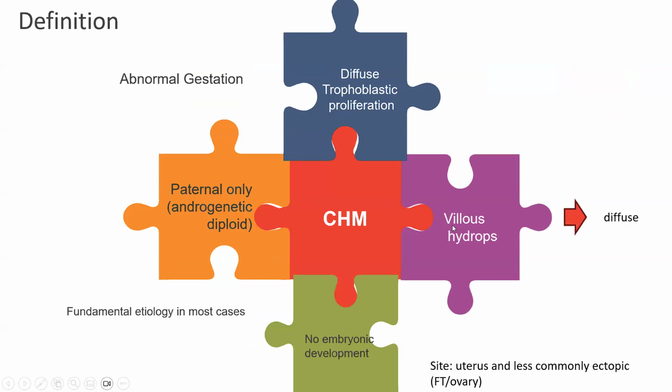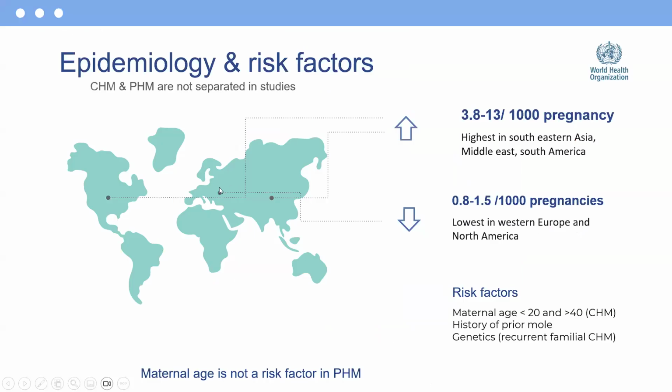It also is characterized by the presence of villi that are enlarged with water. We call this hydrops, and it is diffuse. Very characteristic that we never ever find embryonic development with this. The genetic imprint is actually paternal only. We have an only paternal genome, androgenetic diploidy, again, as we have mentioned.